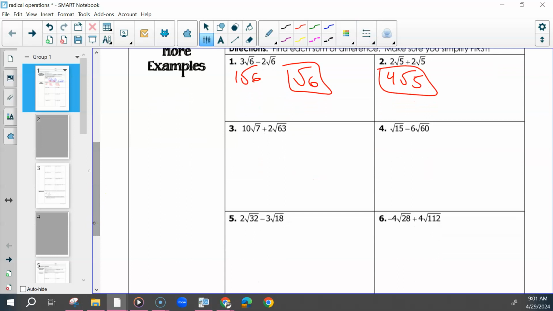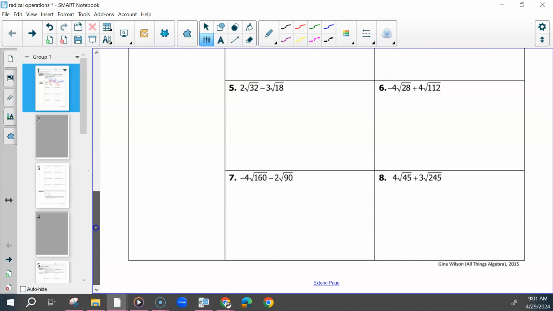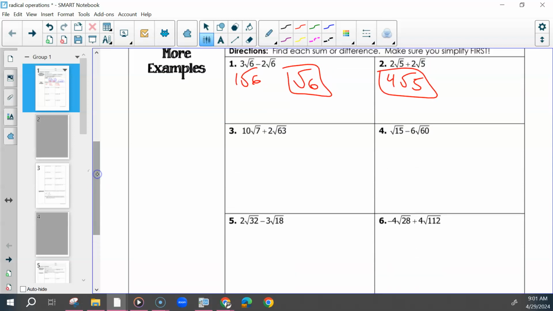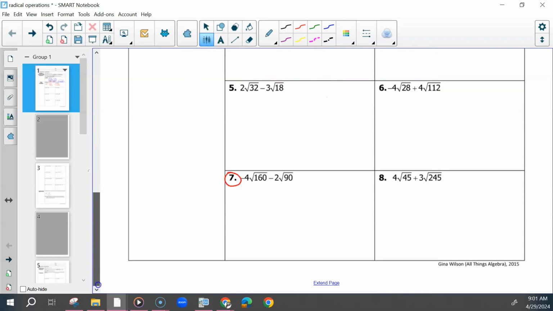And then some of the other problems are just going to be more simplifying. So look at numbers 3 through 8. Find any you want to see, you want to go over, or have questions about. 7 and 8. And that's good enough.